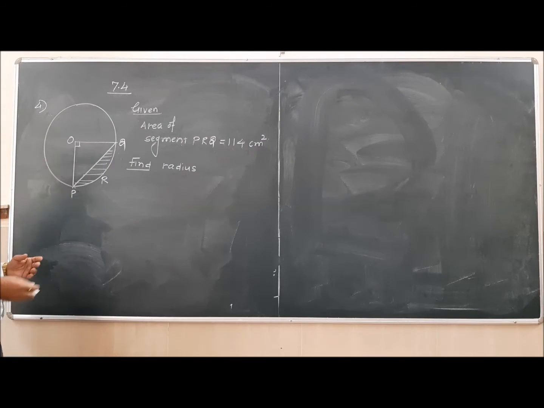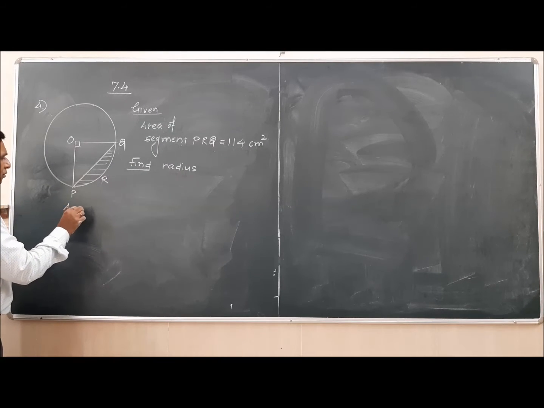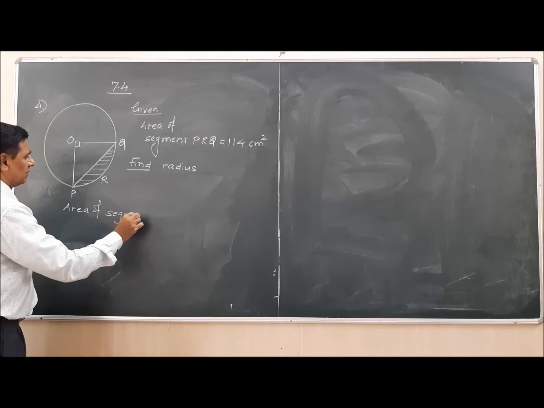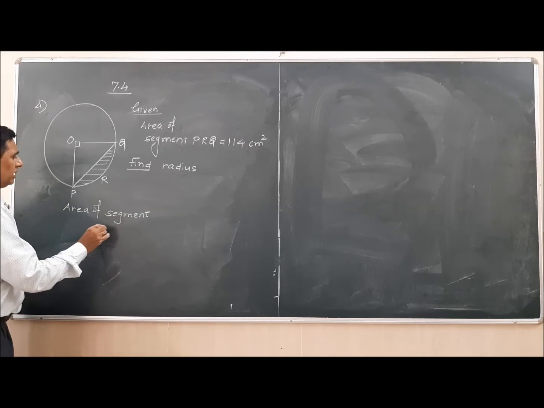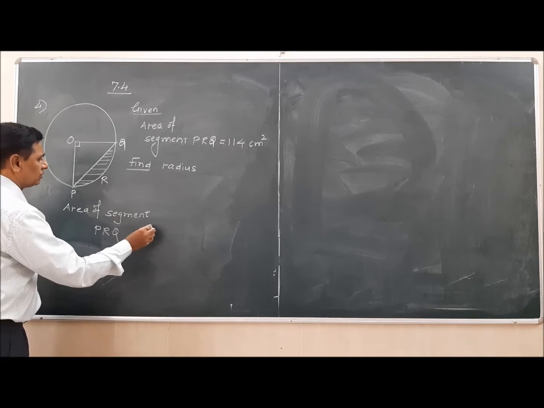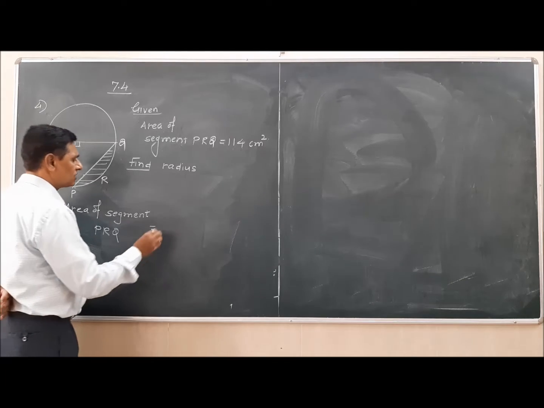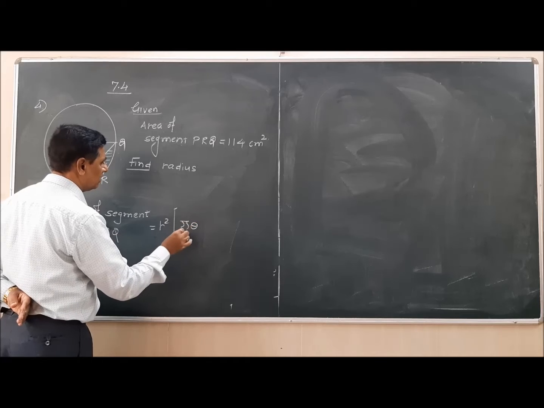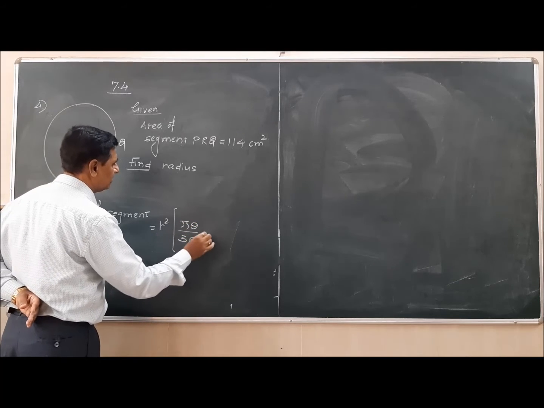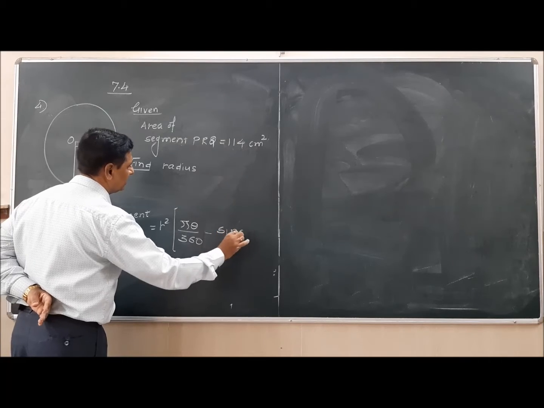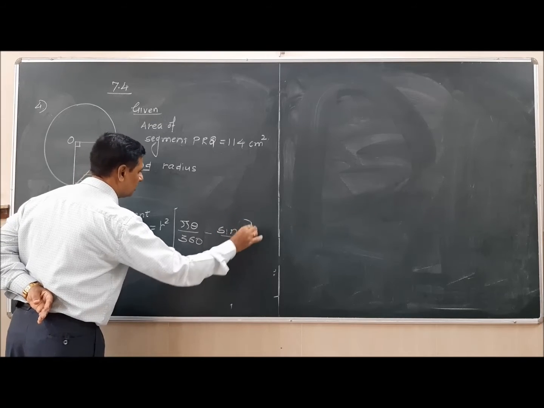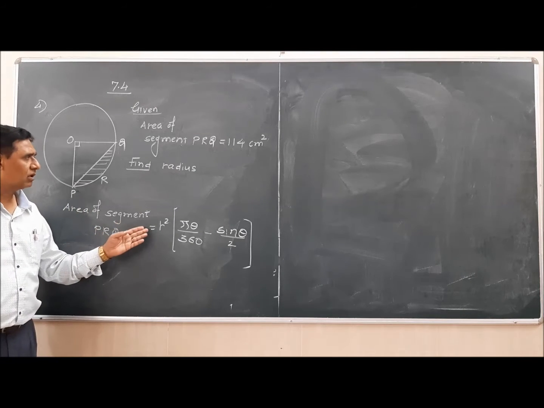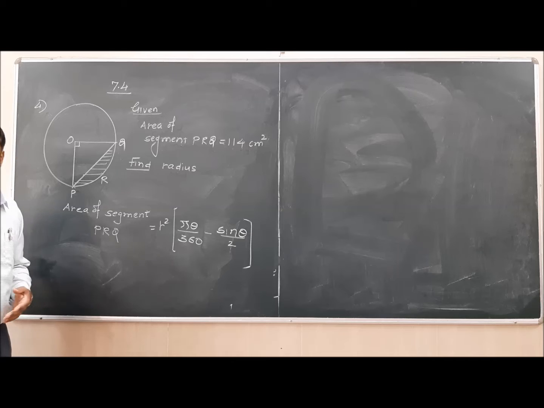Since you all know, area of segment PRQ is equal to r square pi theta upon 360 minus sin theta upon 2. Try to understand again.